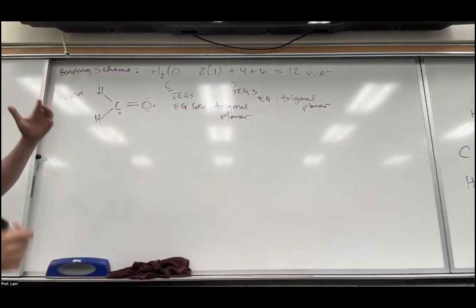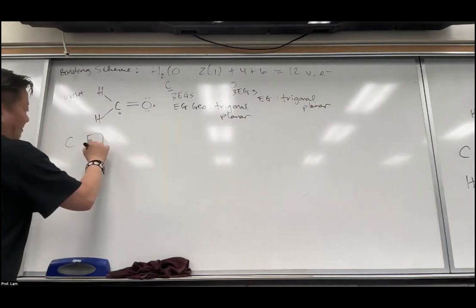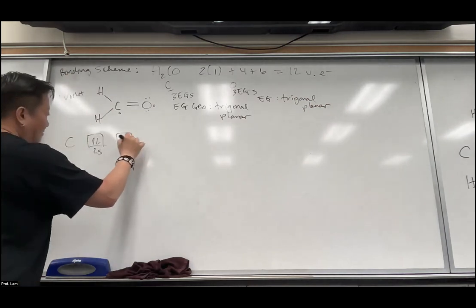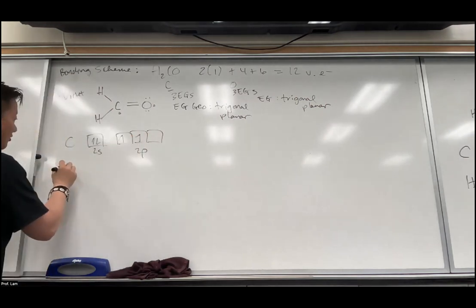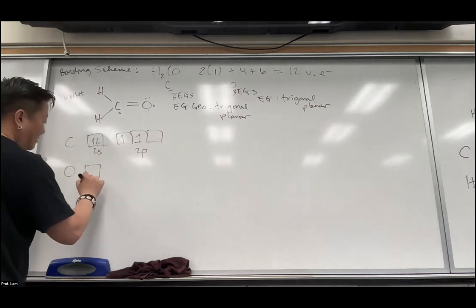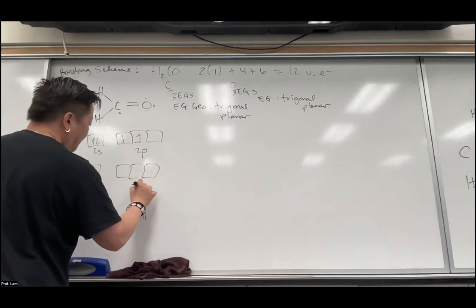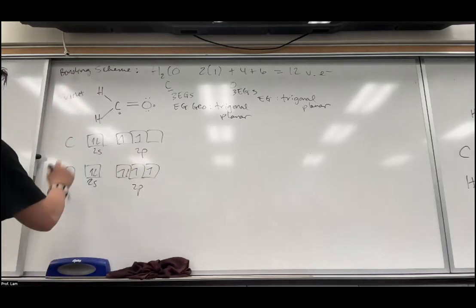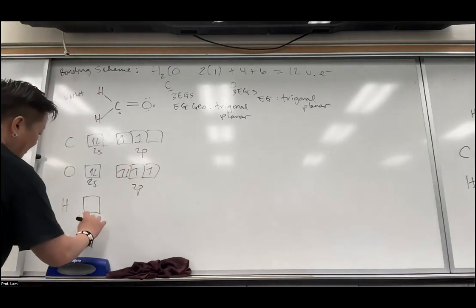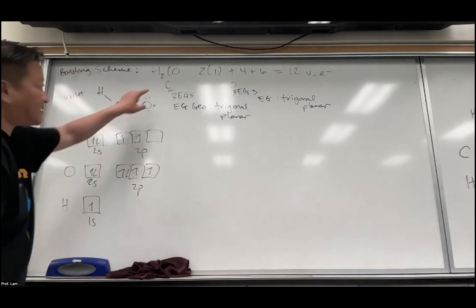Okay, so now we do our orbital diagrams. Carbon: 2s2, 2p2. Oxygen: 2s2, 2p4. And hydrogens, still 1s1. All right, let's hybridize carbon first.